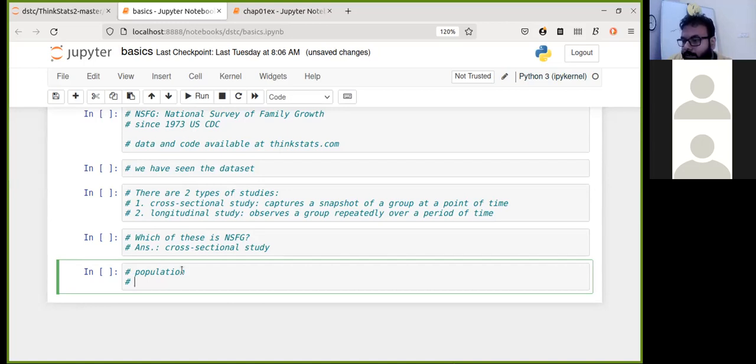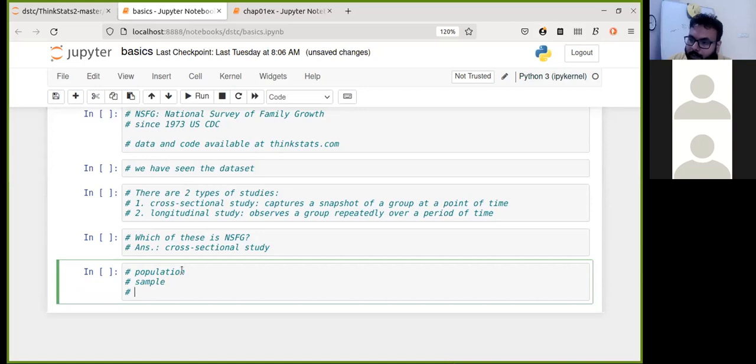Suppose we want to get the pregnancy data from the whole US population, that is not possible. What we do is we take a representative sample of the population on which we do our study.